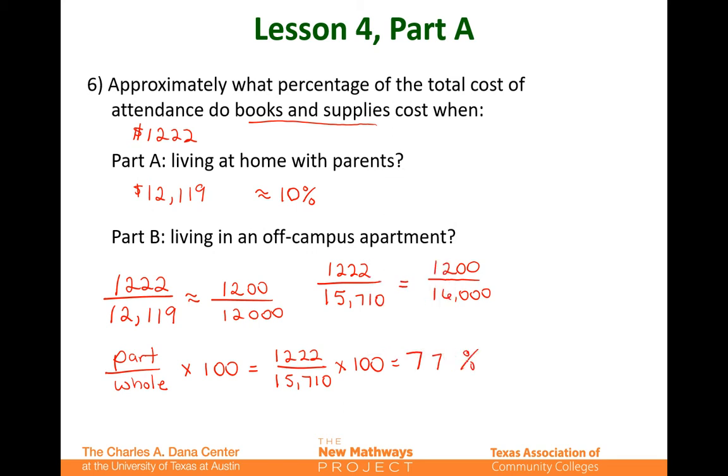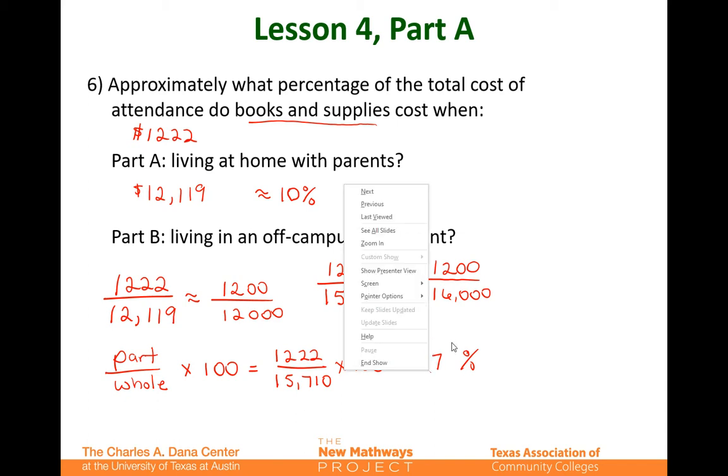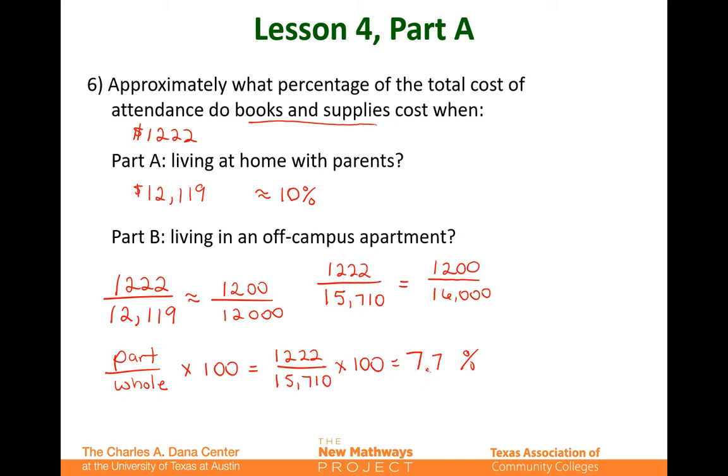Notice an interesting thing. It's less. Now, the actual cost of the books was the same in Part A and Part B. But since our budget was bigger in Part B, $1,222 represents a smaller percentage of the total budget.